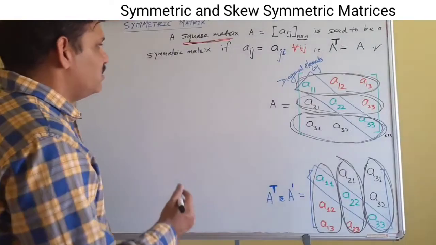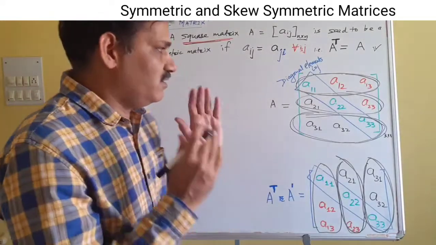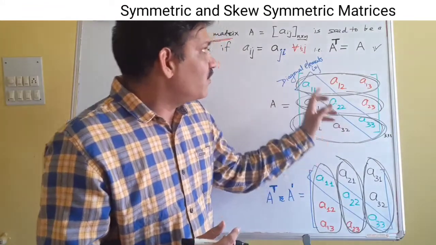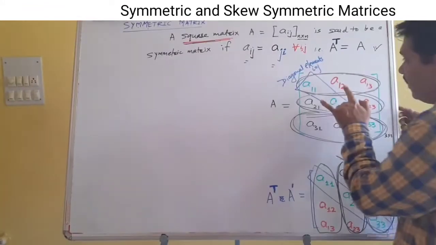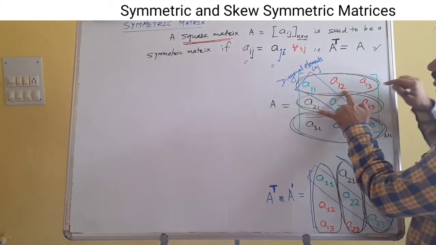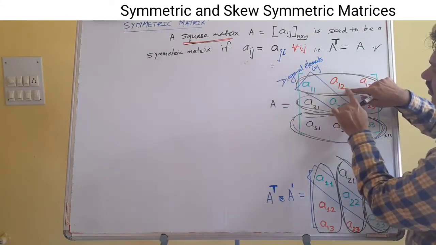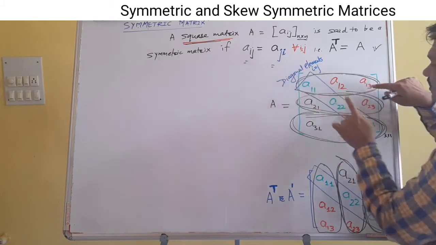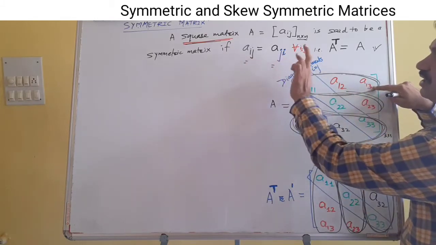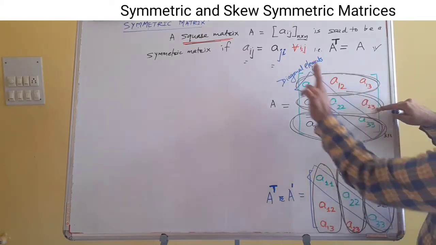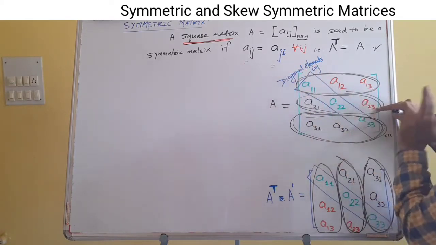Now let's take an example. So what is symmetricity? If Aij is equal to Aji, say A12 is equal to A21, A13 is equal to A31, A23 is equal to A32.